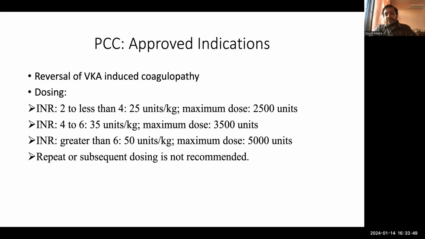When INR is 4 to 6, it is 35. And if the INR is more than 6, 50 units per kg is required. The maximum dose has been calculated for a body weight of 100 kg. Normally, repeat dosing is not recommended, but monitoring of the INR after administration of PCC is required to see the effect. So this is the only USFDA approved indication for PCC.